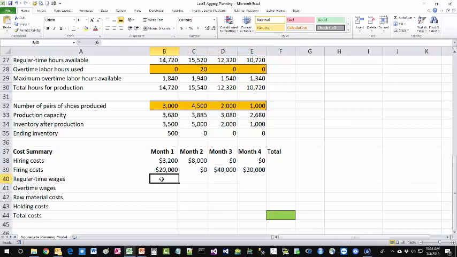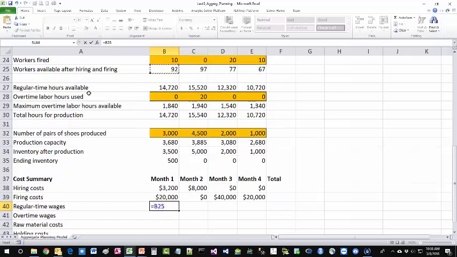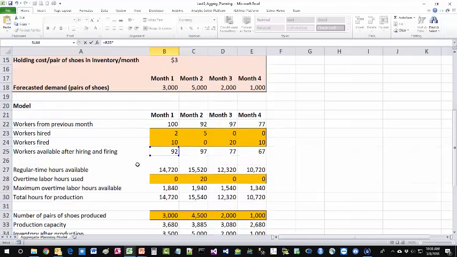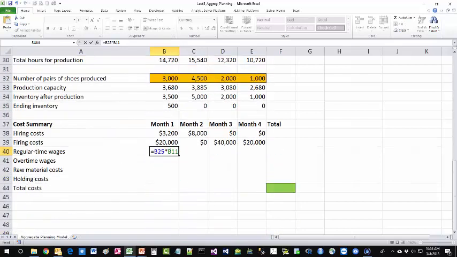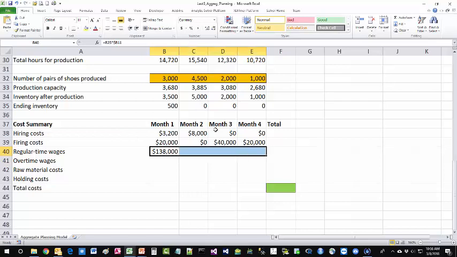Okay. Regular time wages are the number of workers available after hiring and firing that are working, first of all, as full-time employees, at the rate of 1,500 per worker per month, right? So multiplying by the number of workers gives us the regular wages, which obviously is going to be the highest expense.